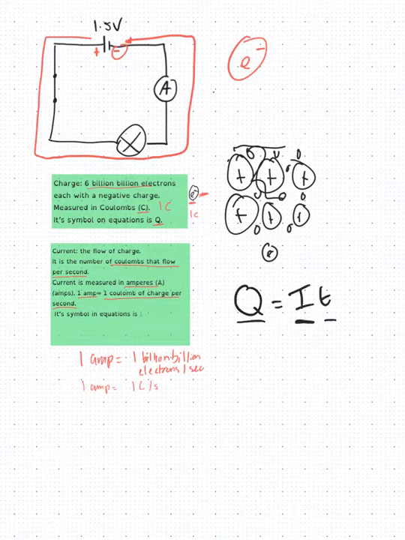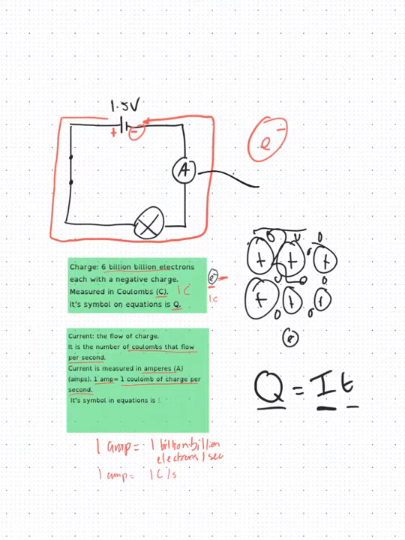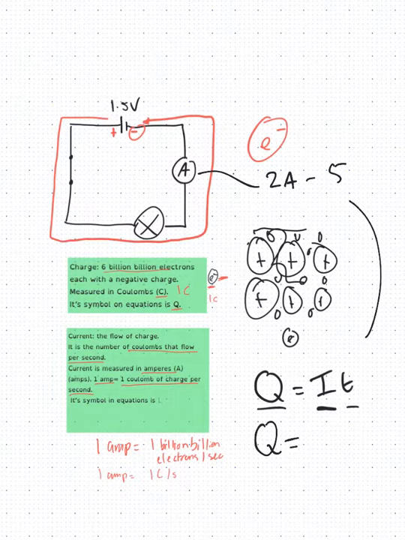So however many amps and how long it flowed for. If we had a current of 2 amps and it flowed for 5 seconds, we could bring that down to our equation: Q equals current, which is 2 amps, multiplied by the seconds, which is 5.